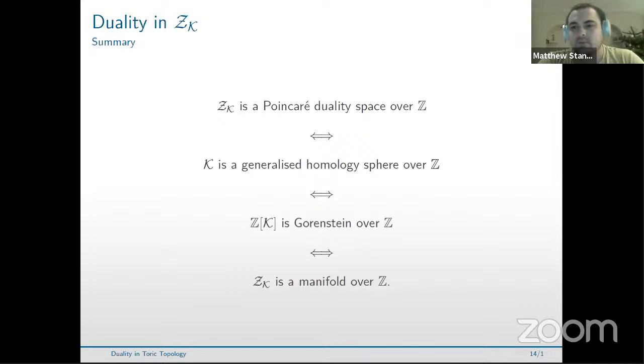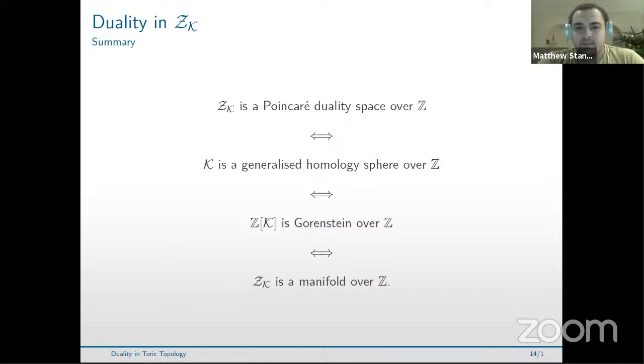I should have stated all along, by the way, that my coefficients are the integers. I'm not taking field coefficients, I'm taking integer coefficients. The moment angle complex is a Poincare duality space over the integers if and only if K is a generalized homology sphere over the integers, if and only if the face ring is Gorenstein over the integers, and that is if and only if the moment angle complex is a manifold over the integers.